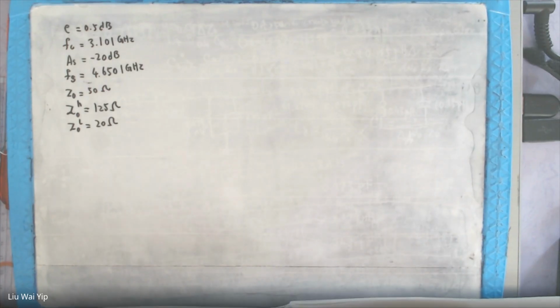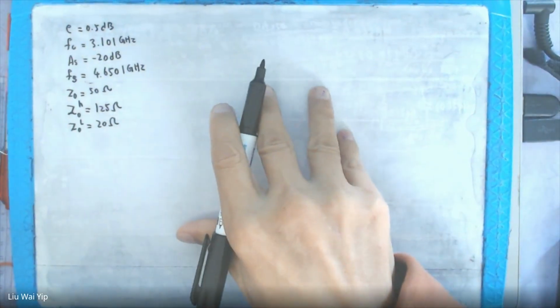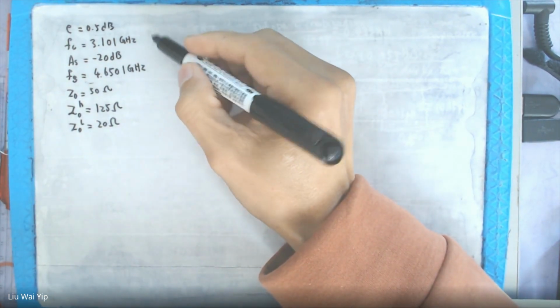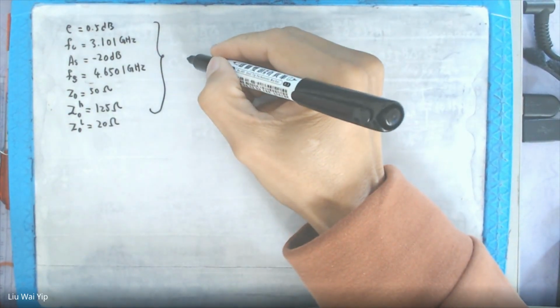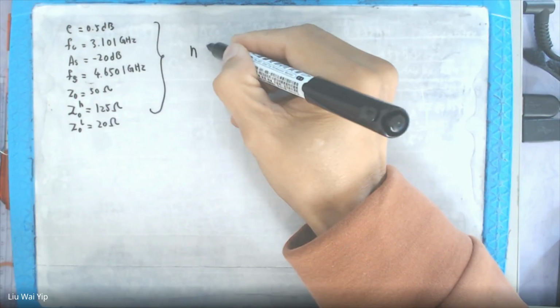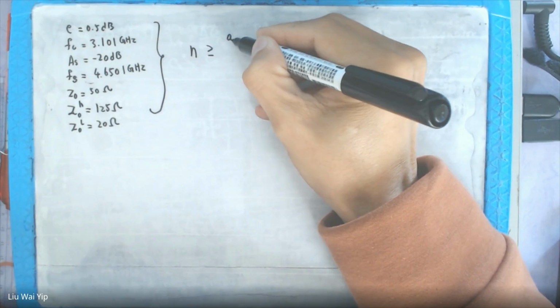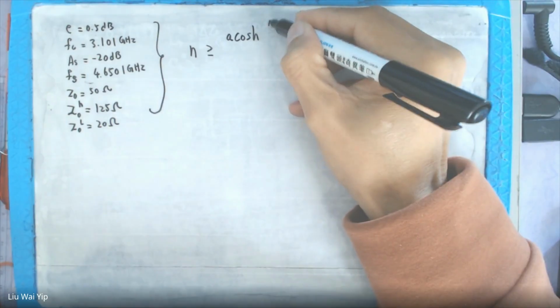So first of all, you need to use what you have to find out the order of the filter. The order of the filter is going to be obtainable using this equation.